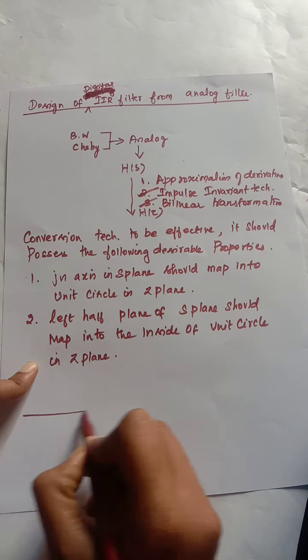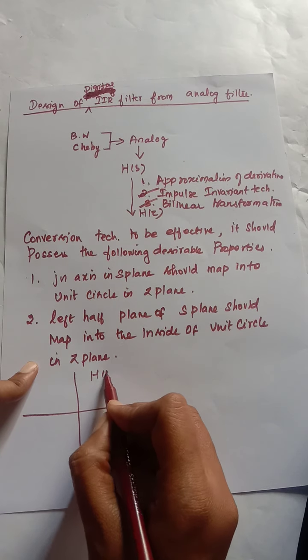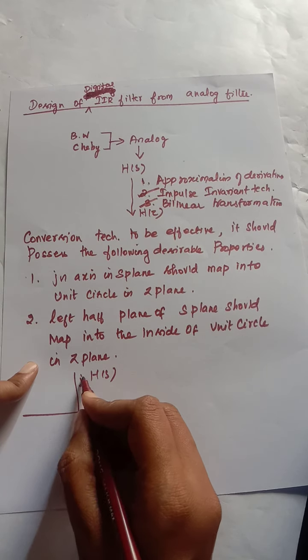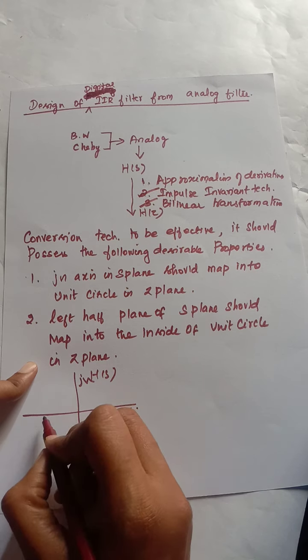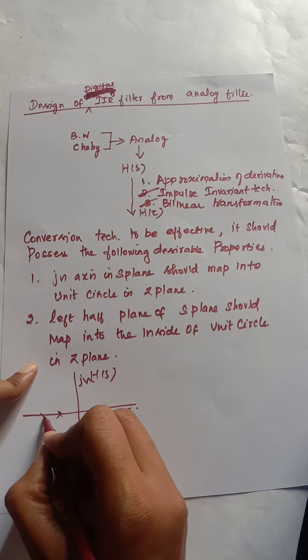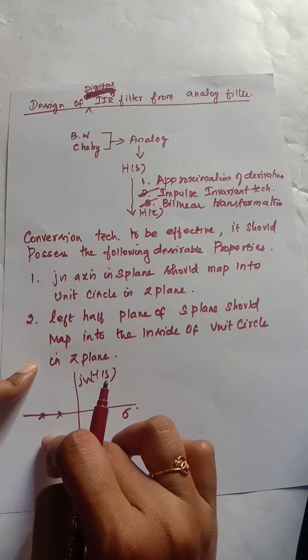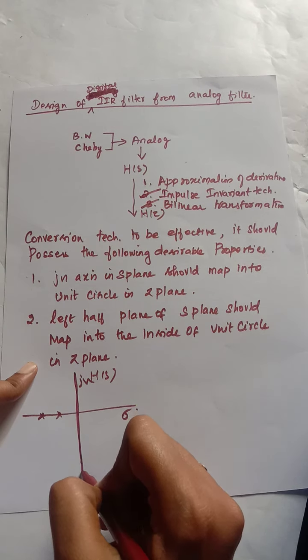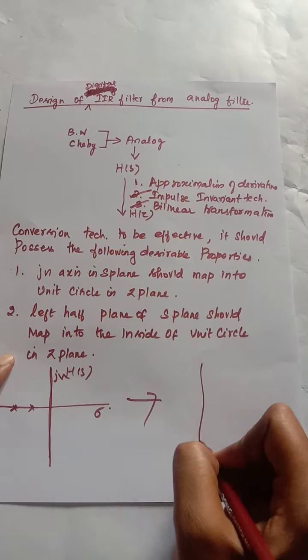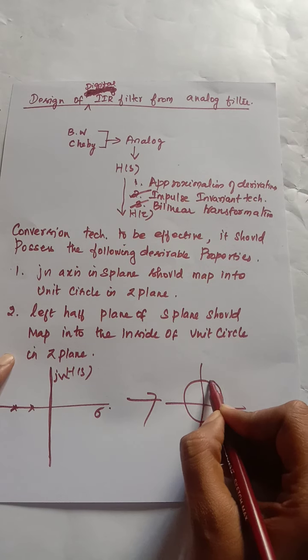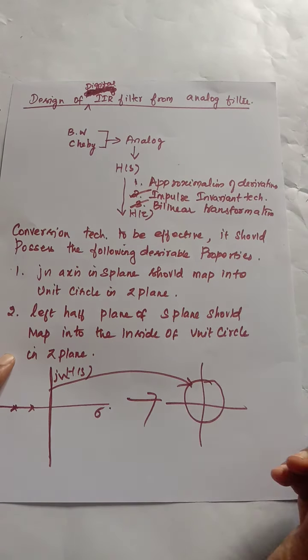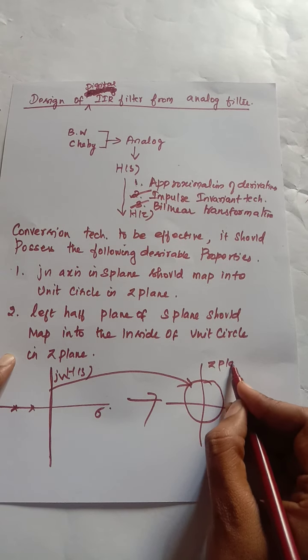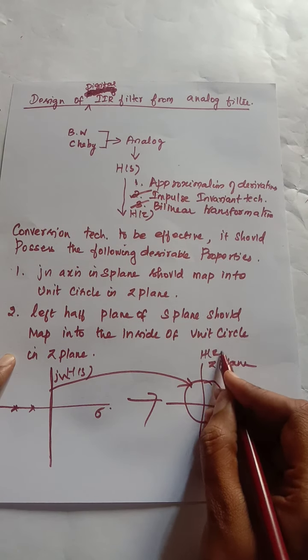In the S plane you will plot the j omega axis and sigma, and we plot the poles here. The j omega axis should map onto the unit circle in the Z plane. This is the first condition.